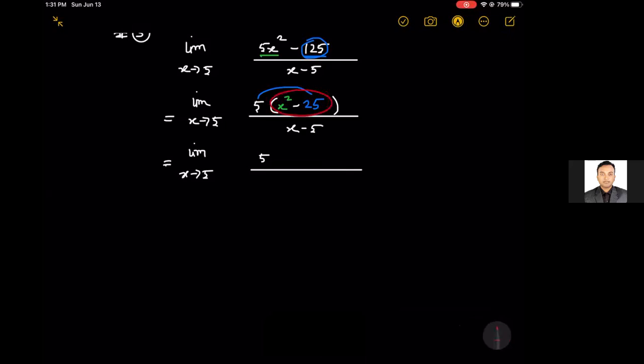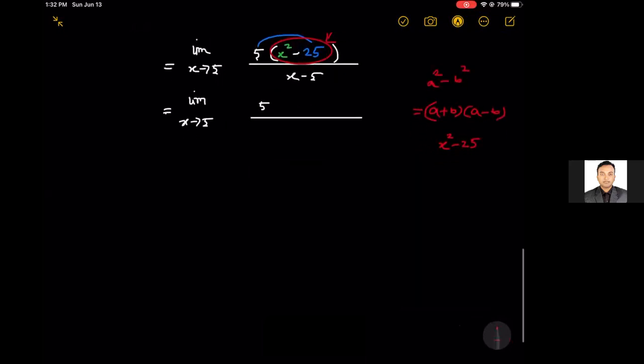You know that there is a formula, the difference of squares, which is this. So I can use this here because x squared minus 25 can be rewritten as x squared minus 5 squared.